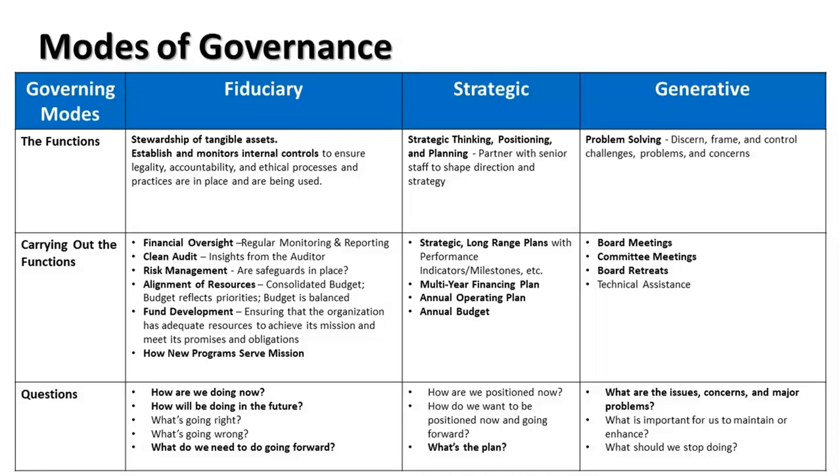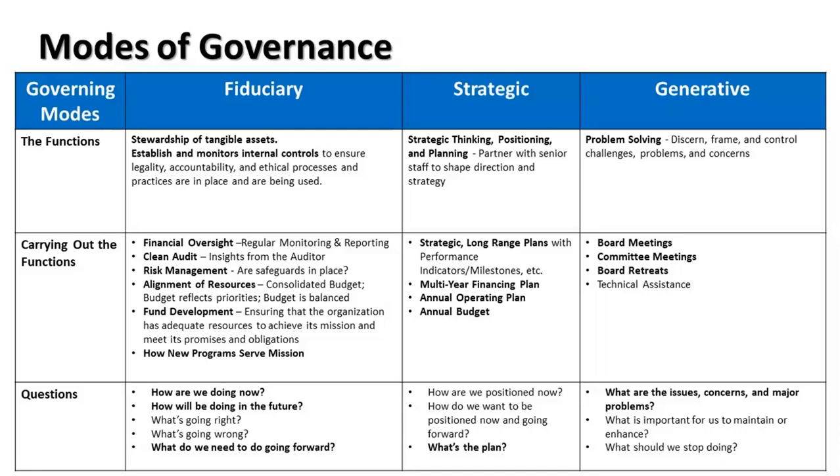In the strategic mode, we are thinking about strategic positioning, planning, and looking at financing plans, strategic plans, operating plans, and the annual budget. We're asking ourselves, what's the plan?